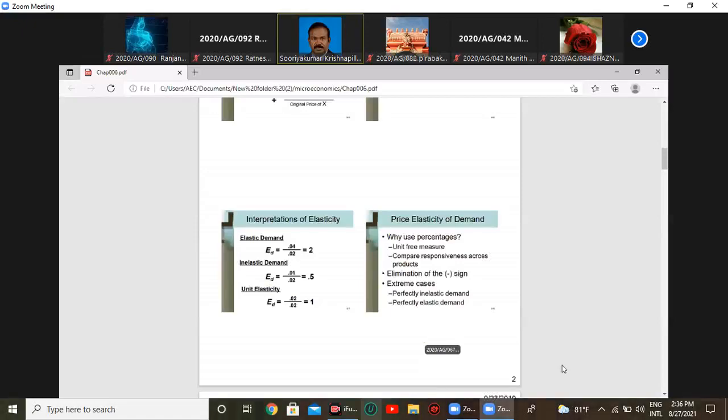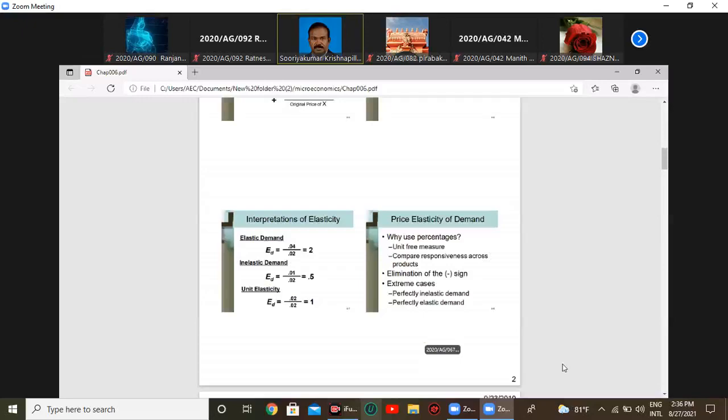So it is difficult to compare. But if we measure those prices and quantities in percentages, then the elasticity value will help you compare how consumers respond to both products.